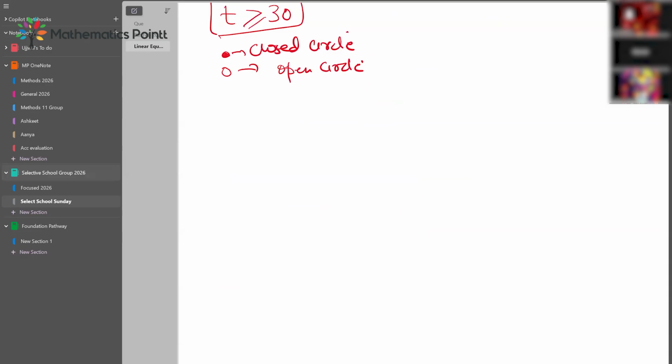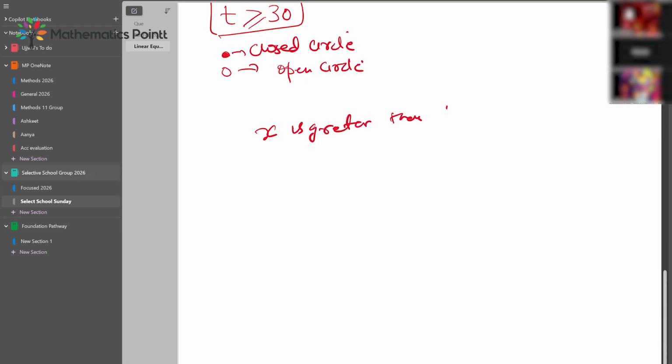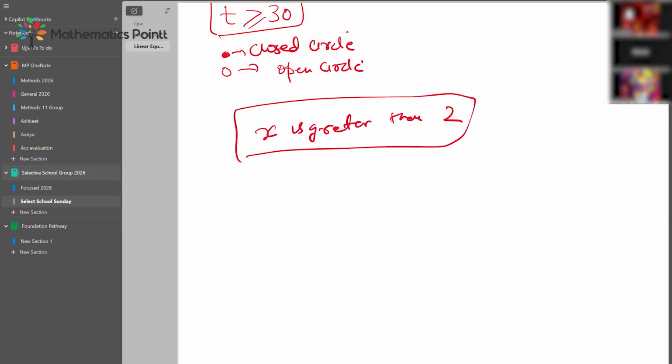And even before that, let's try to write some inequalities. So now hear me out very loud and clear. You need to write me an inequality which says x is greater than 2. Can you write this inequality and give me in the chat, please?